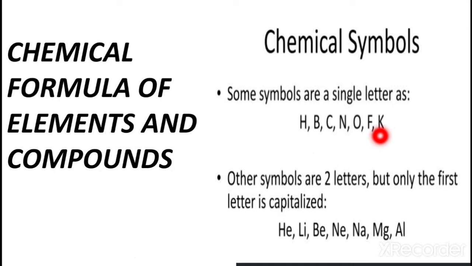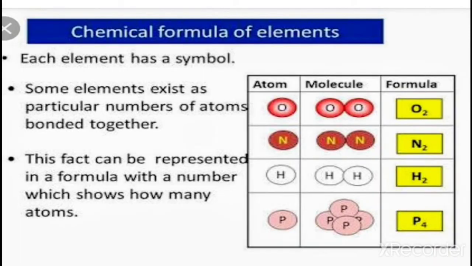Next, the chemical formula represents the atoms in a molecule of an element. The plural is formulae, F-O-R-M-U-L-A-E. The chemical formula of an element can be written as the symbol along with the number of atoms present in one molecule. The chemical formula of oxygen gas is O2.